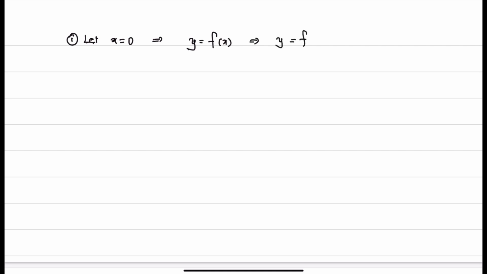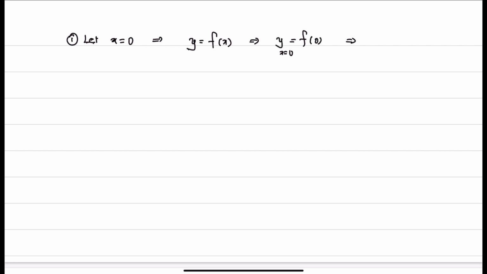Now, let us start with x equal to 0. What happens to function x? y is equal to function x implies y is equal to function 0 at x equal to 0.